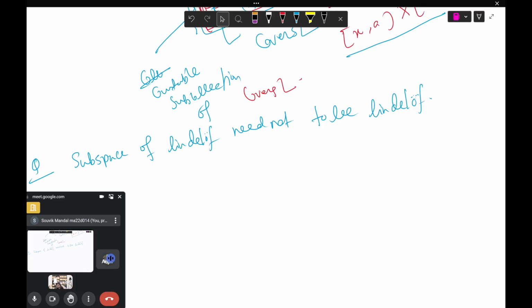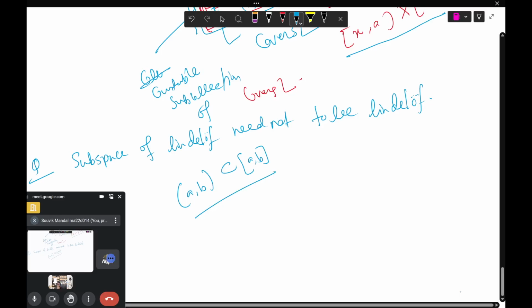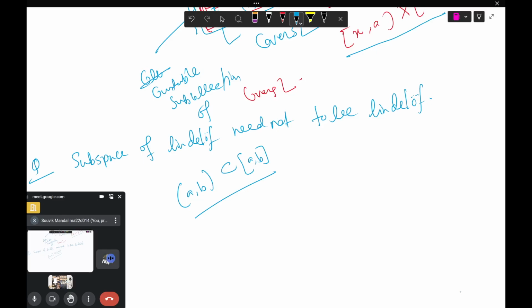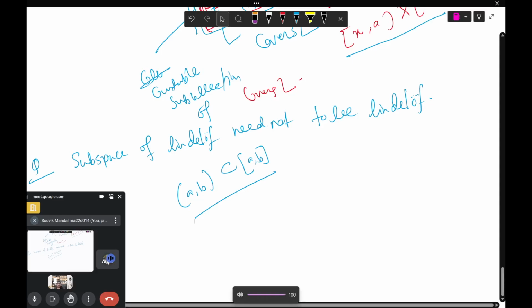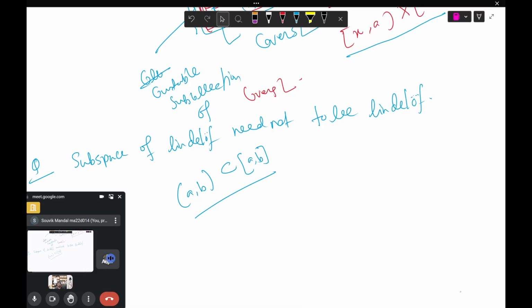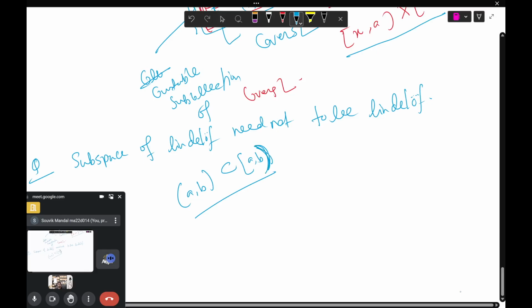Sir, if we take the interval [a, b), closed at a and open at b, the open right side.